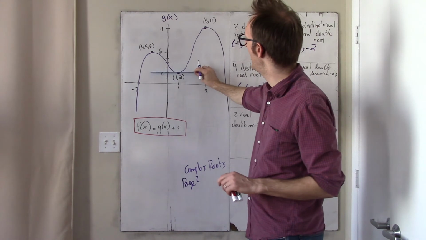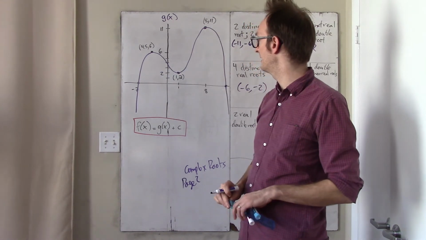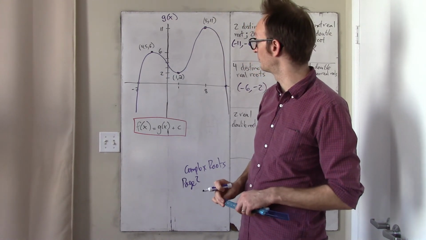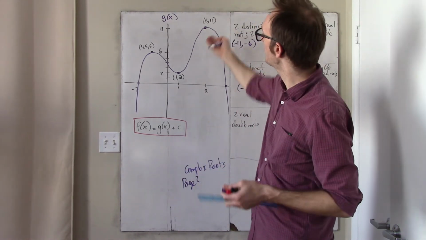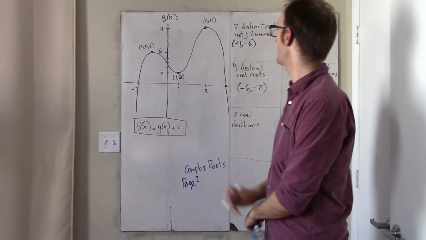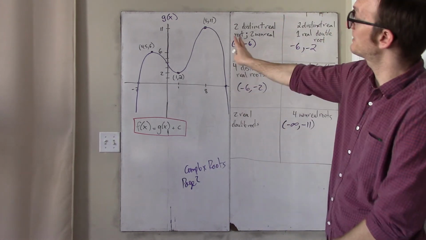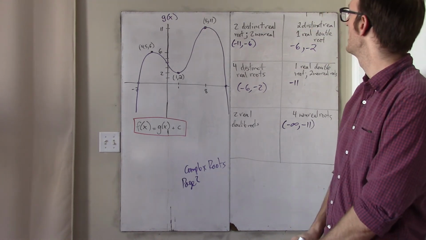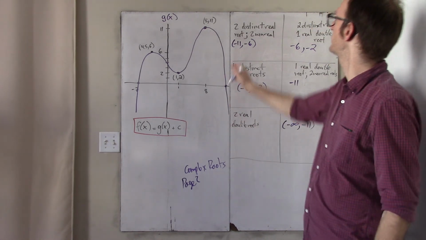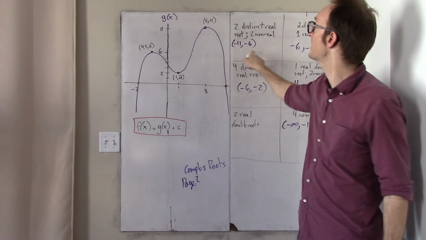But now, if I move this down less than -2, like if I only move it down, say, -1, for example, then it's going to look basically just like this. And we already agreed that if c is like -1, or in fact if c is 0, then I am in the category of two distinct real roots, two non-real roots.